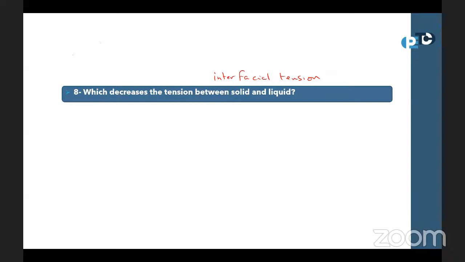The interfacial tension depends on the cohesive forces within each phase and the adhesive force between the phases. The choices here are solubilizing agent, wetting agent, hydrophilic agents, or emulsifying agents. The right answer is wetting agent, not emulsifying agents.